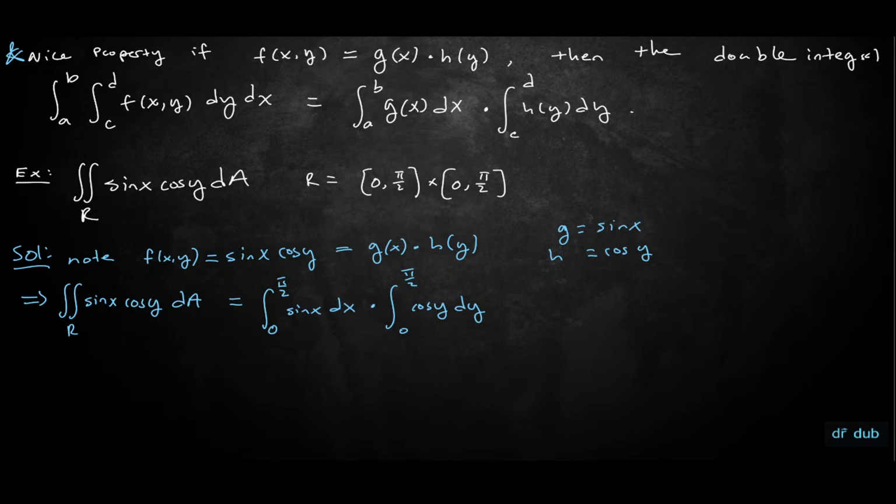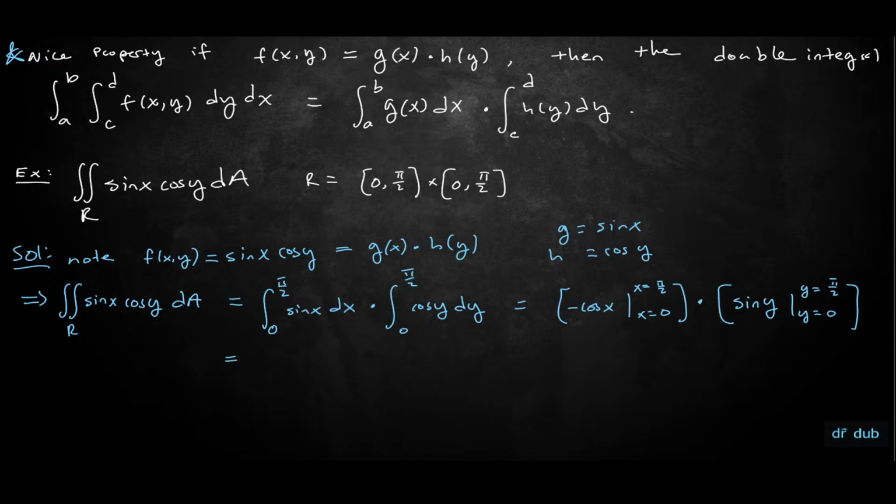So you can break it up as this nice product of integrals and integrate. So the antiderivative of sine x is negative cosine x from x equals 0 to x equals pi over 2, times the antiderivative of cosine, which is sine y, from y equals 0 to y equals pi over 2.